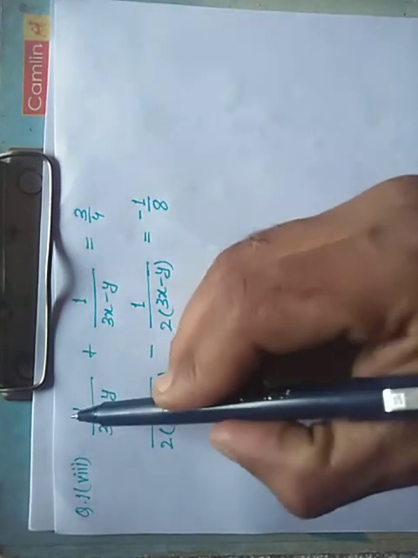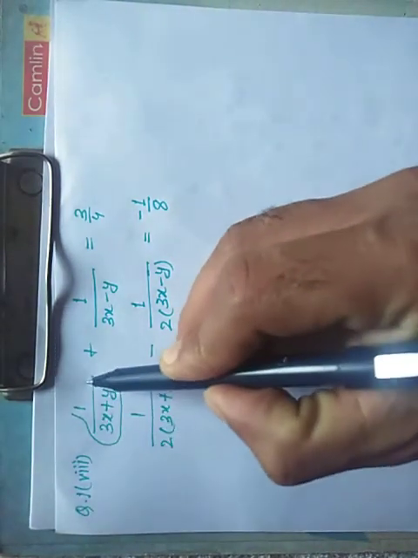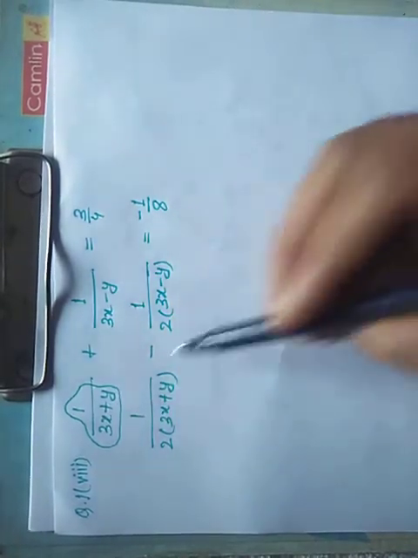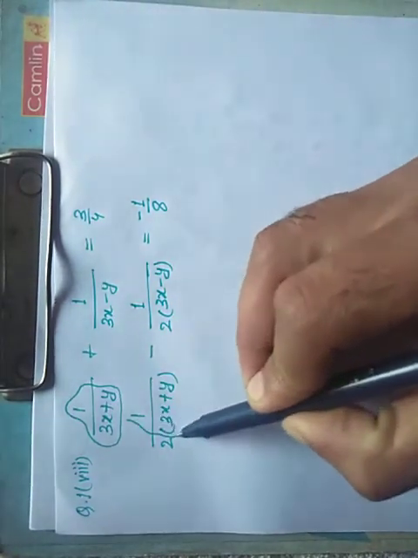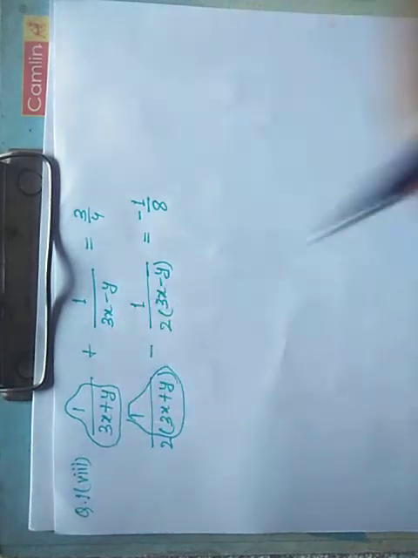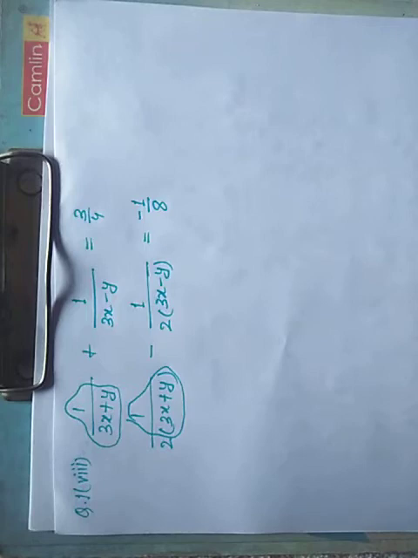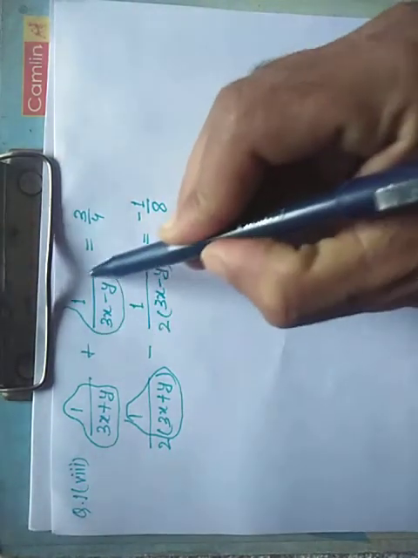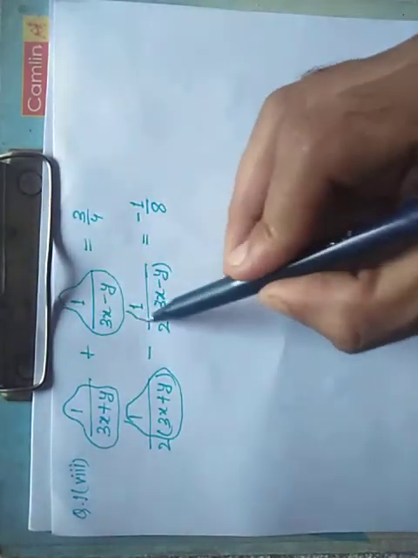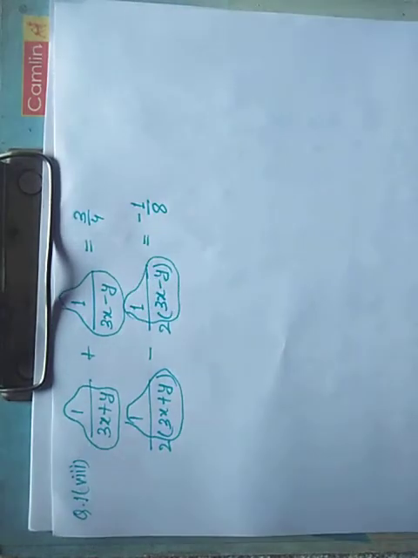So students, here we are observing this part 1 upon 3x plus y and 1 upon 3x plus y. We can consider it as variable u, and here 1 upon 3x minus y and 1 upon 3x minus y.